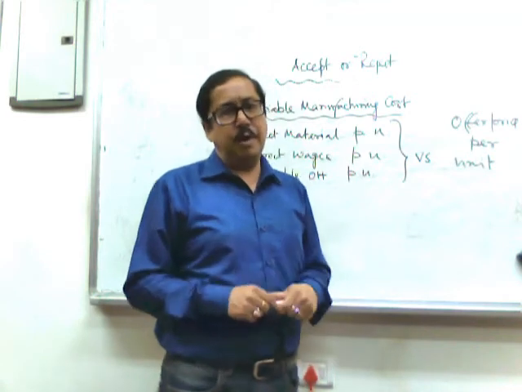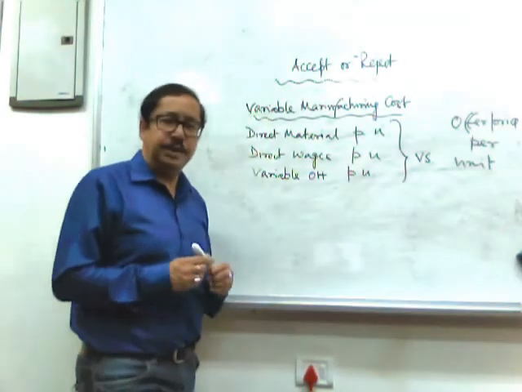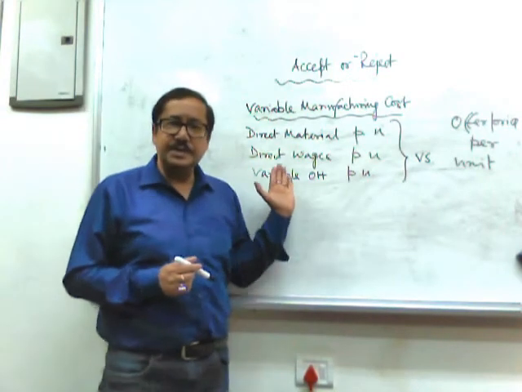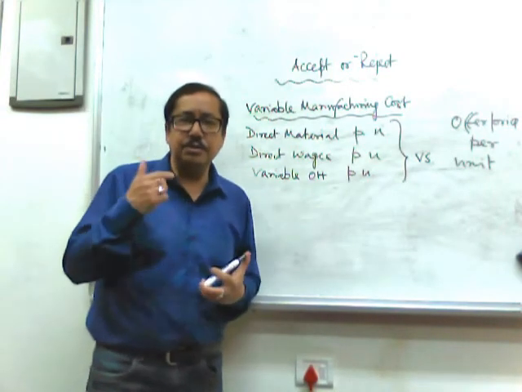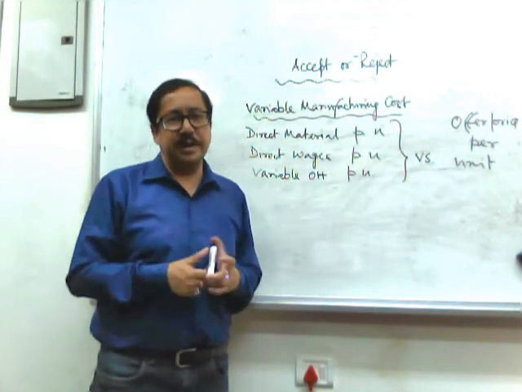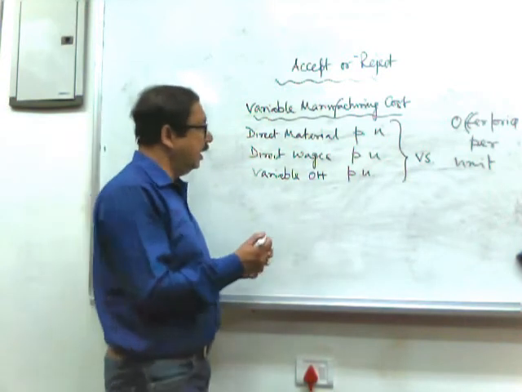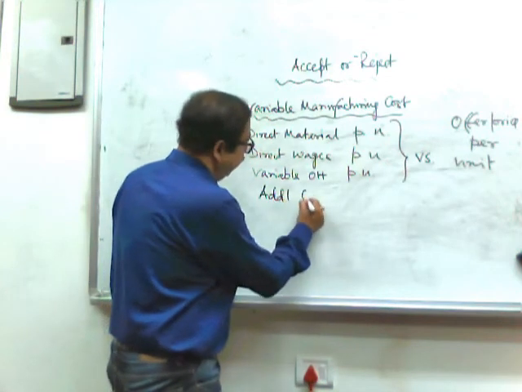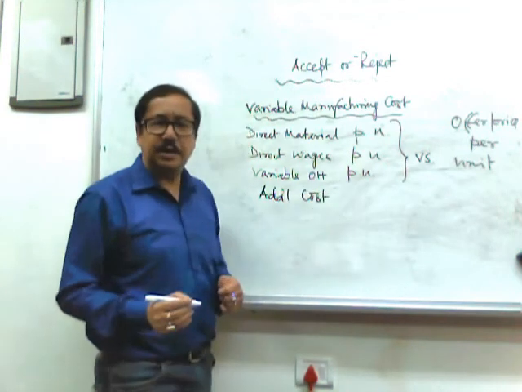One more point we may have to consider is that for the foreign market, sometimes it is required to spend some extra money, because some additional cost may have to be paid. What kind of additional cost?